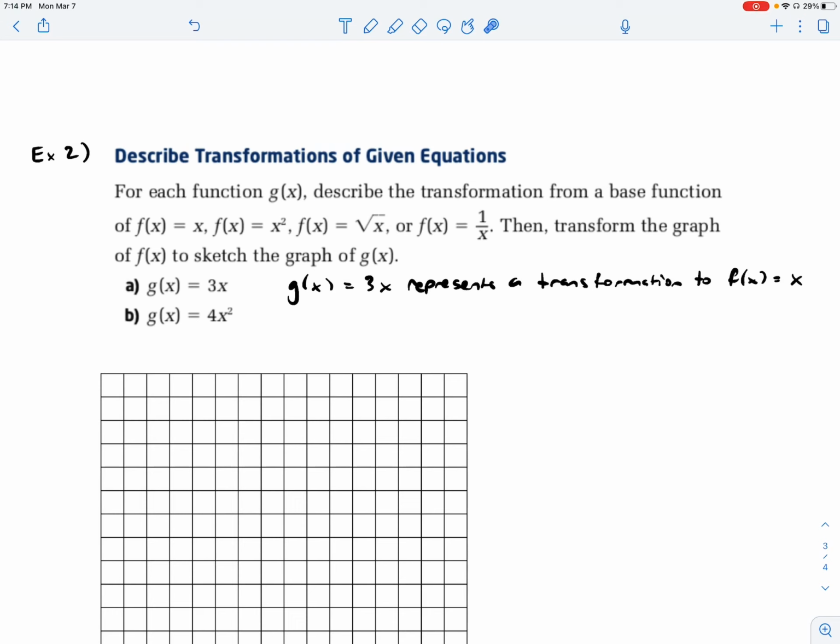So there's two ways to look at this. If you think of g of x as, let's say, 3 times f of x, so 3 times the base function in order to get this, then you're looking at a vertical stretch by factor of 3.